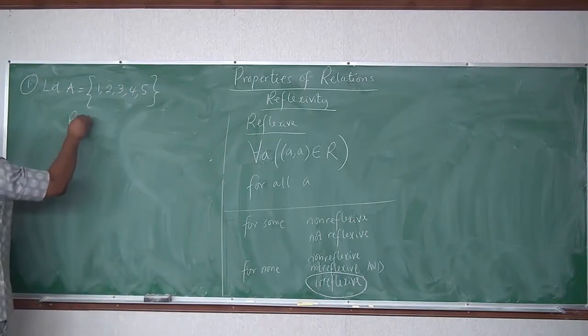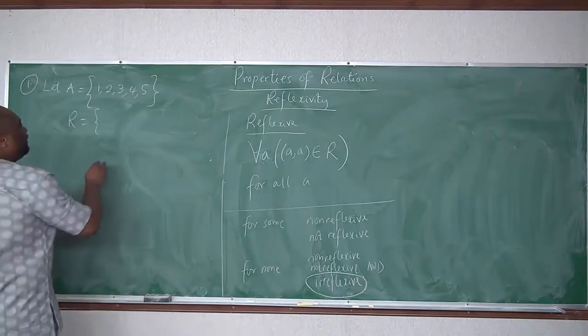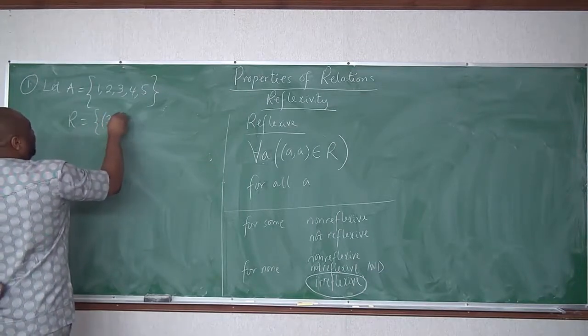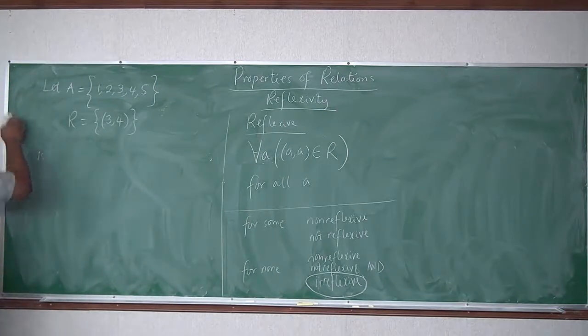And let the relation be the set of ordered pairs, we have 3 and 4. So you look at this now. In this case, the relation is this, question 1.